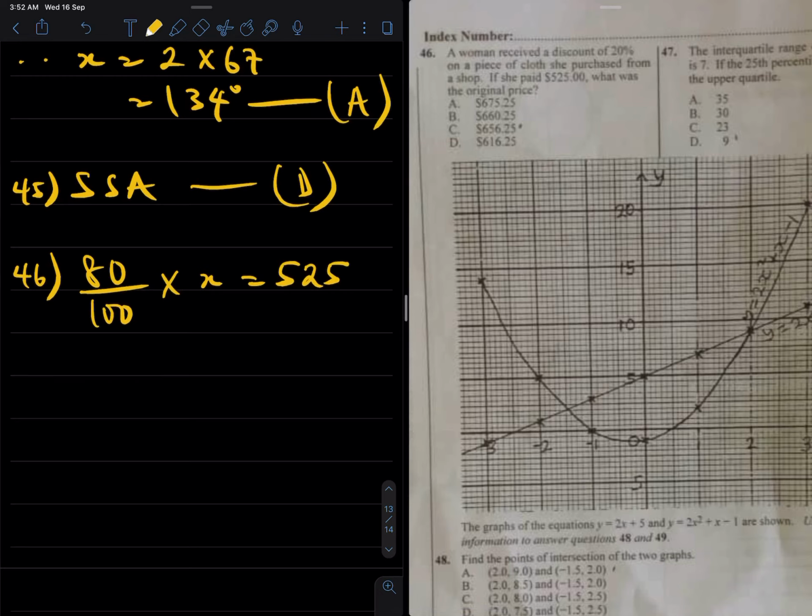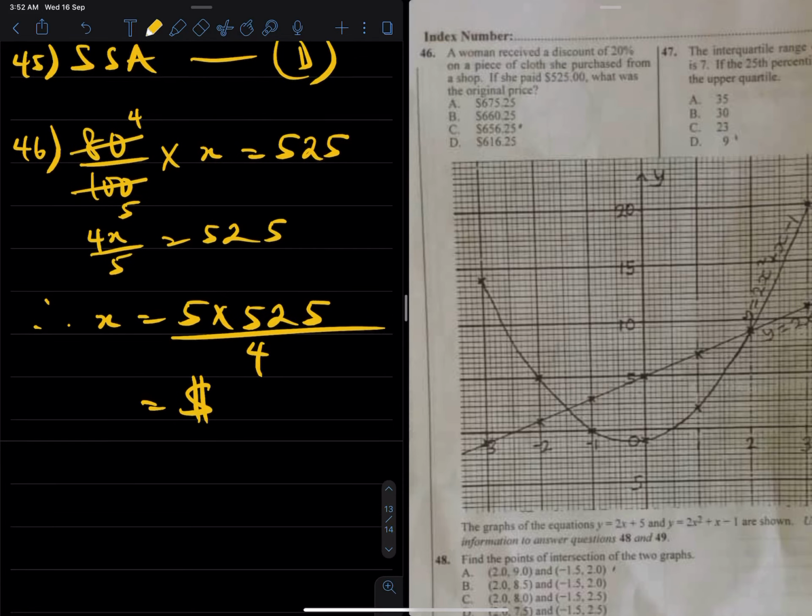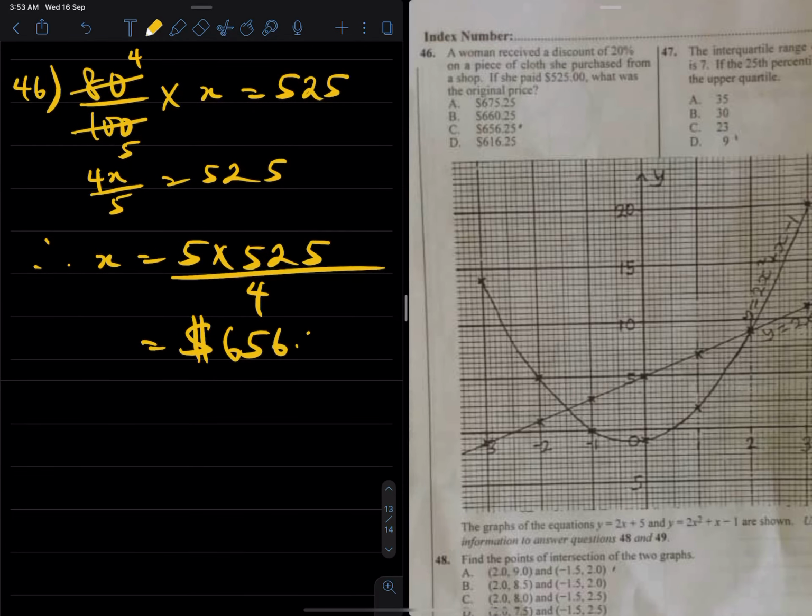That simply means 4X over 5 equals 525, which means X equals 5 times 525 divided by 4, and that's $656.25.